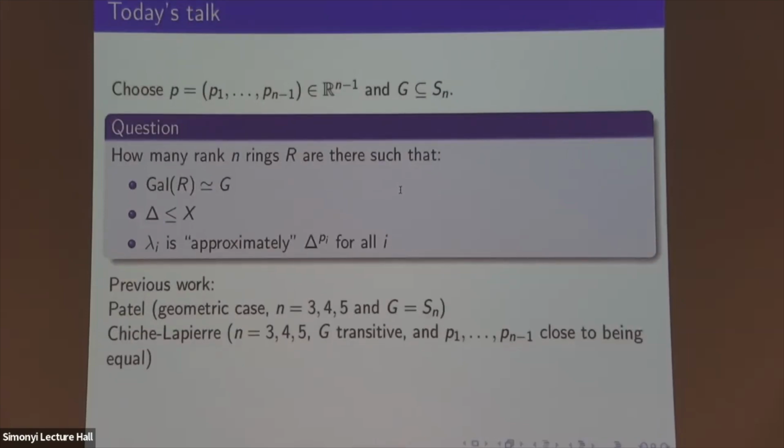Valentin Lapierre, in his PhD thesis, worked on the number field version of this problem, the version I've stated here, also for low degree, n equals 3, 4, 5, transitive groups G, and the situation where the P1 through Pn minus 1 are very close to each other, i.e. the lattice isn't too skewed. So he studied when the lattice is not too far away from the cusp.